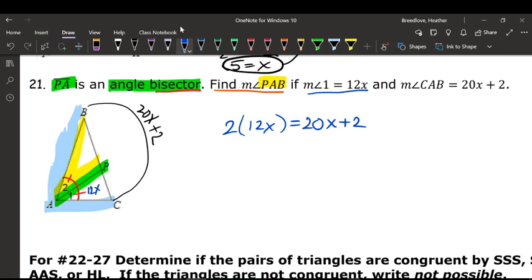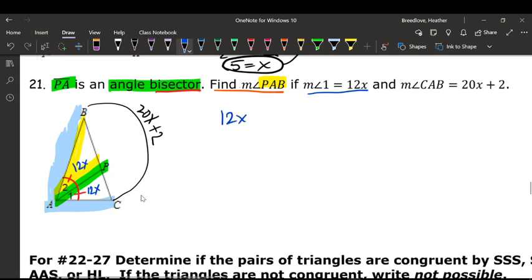Okay, let me do that differently. If this is 12x and it's equal to angle 2, that means angle 2 is also 12x. And the large highlighted blue angle is made up of the 2 smaller angles. So if I add these together, they're going to equal the big one.